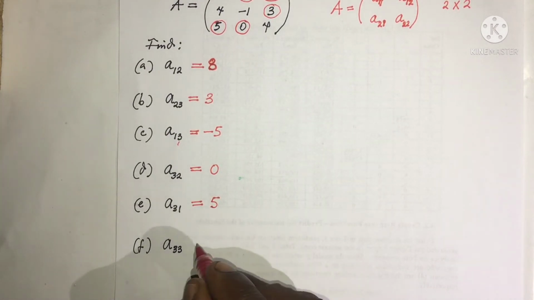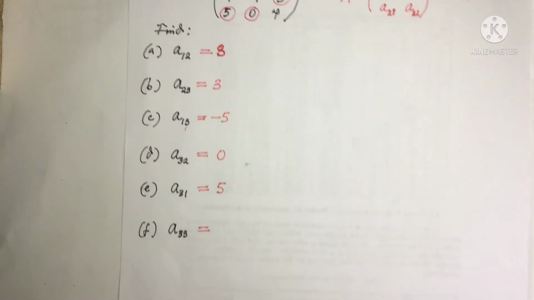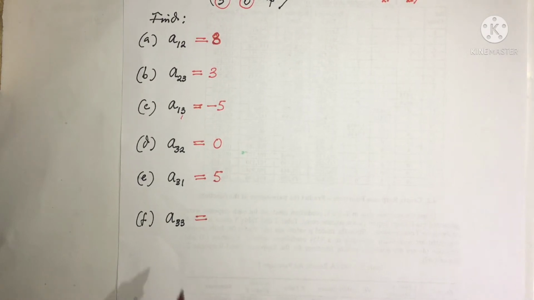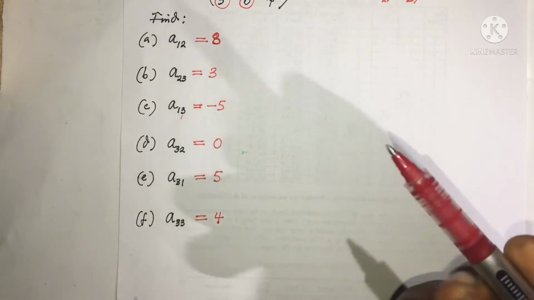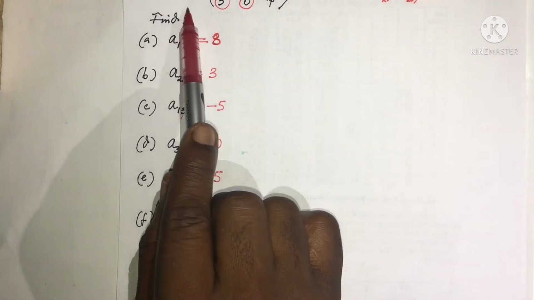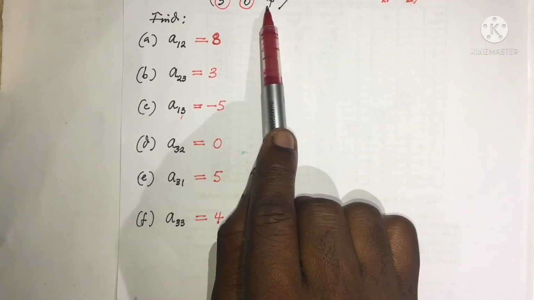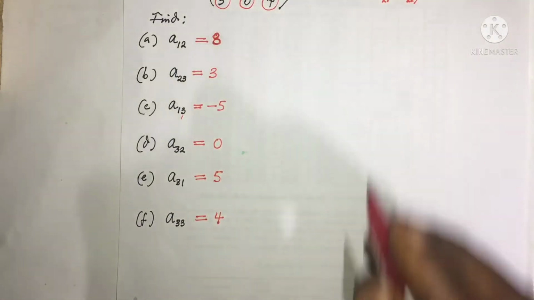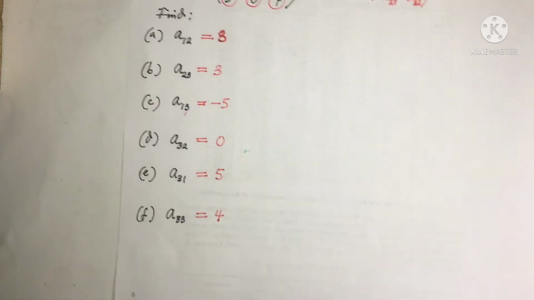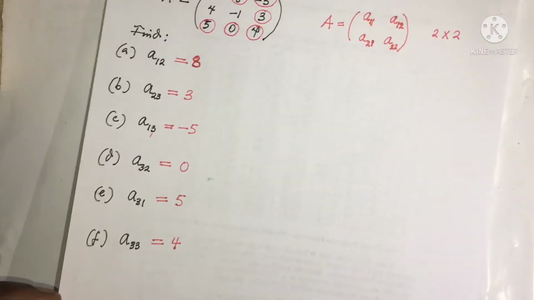Then lastly, we have A33. A33 would be 4. Now I'm going to tell you, it is simply because it occupies the third row and third column. So this is the number we want. So to emphasize what we have just done, I'm going to bring up another problem.